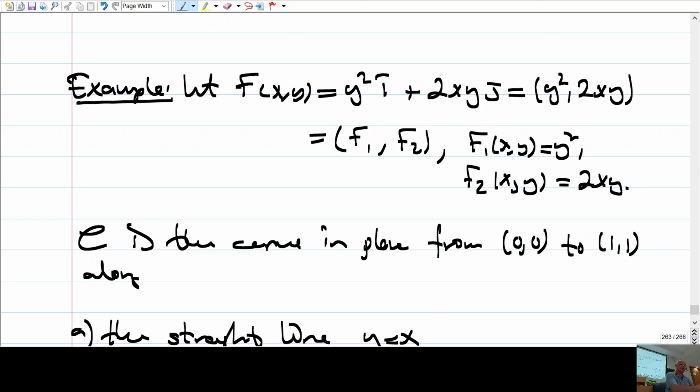Yeah, this notation is not that great in that sense. So here F1, F2 are just the components of this vector field. F1 is y squared, F2 is 2xy. In the previous ones as well, F1, F2, F3 are components, not derivatives.